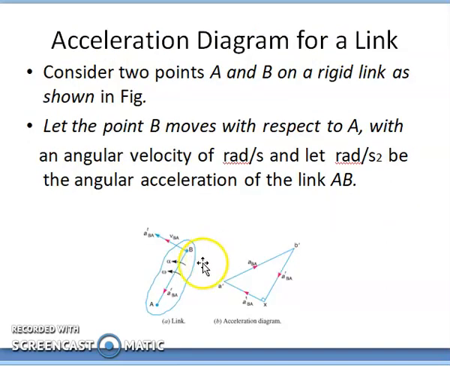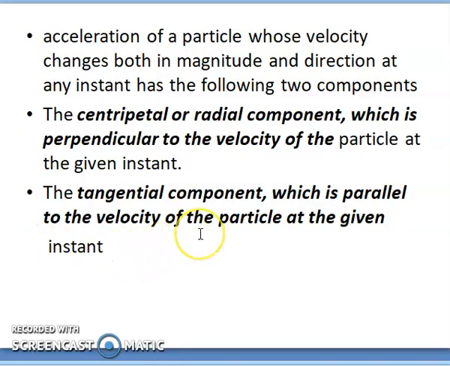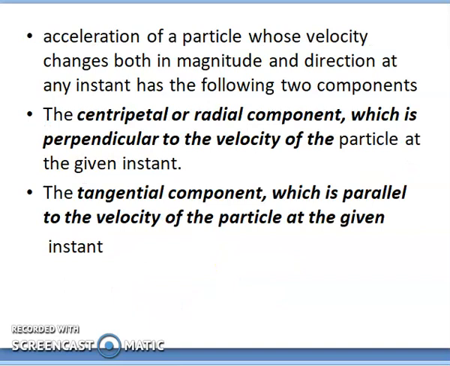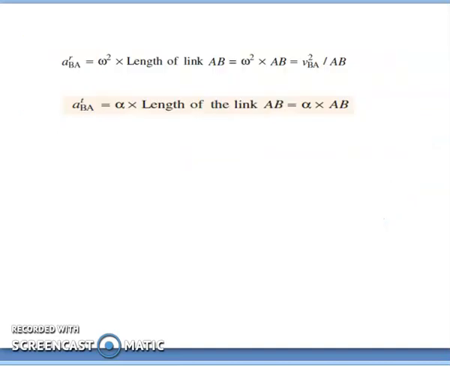So you can also take that this is the velocity and it is perpendicular to the velocity. The tangential component is always parallel to the direction of velocity. So the total acceleration is given by the vector sum of the radial component as well as the tangential component.